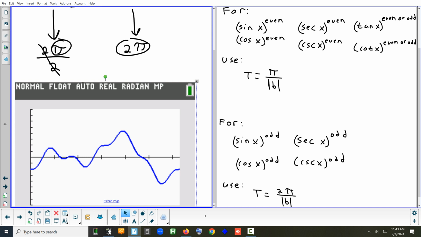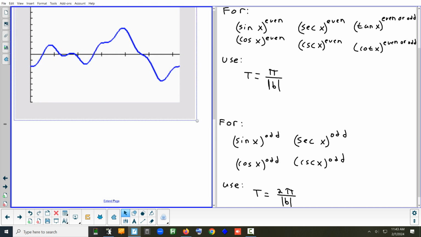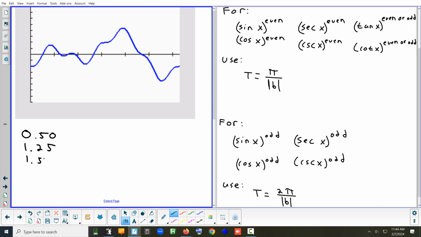The most annoying thing about this one is you'd have to do second calc intersect 6 times, to find each one. You typically don't have one that has that many. I already did the intersect. So it's 0.5, 1.25, 1.57, 1.89, 2.65, and 4.71.